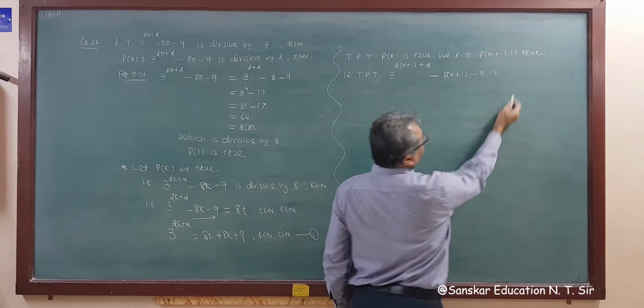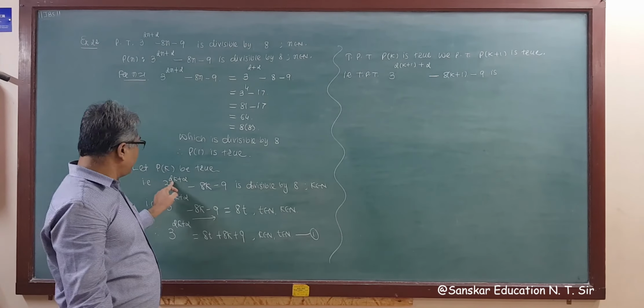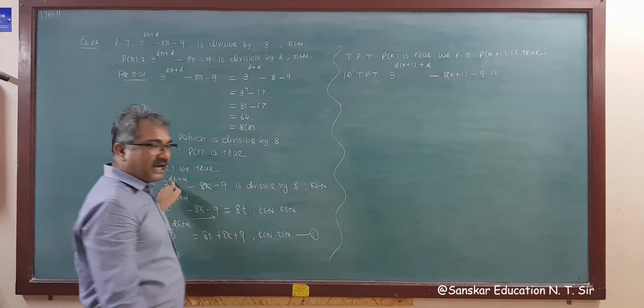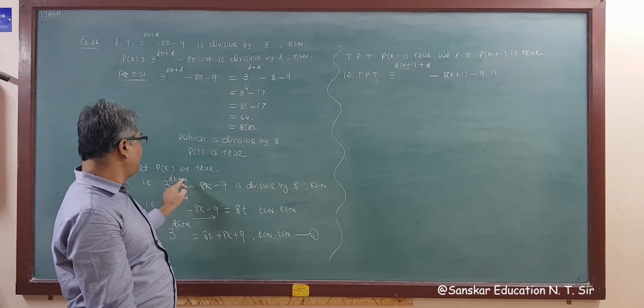is, got it? This, say, 3 raised to 2 times k, so k replaced by k plus 1, plus 2.